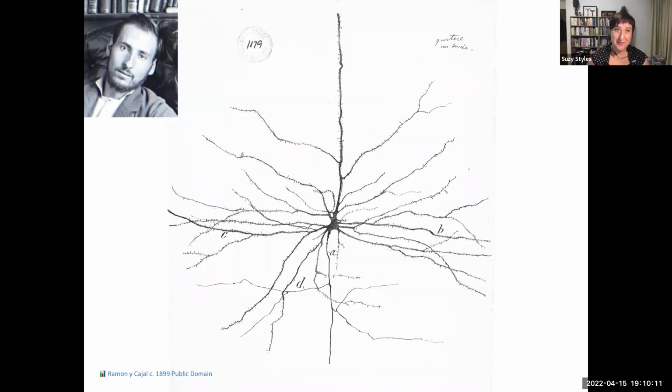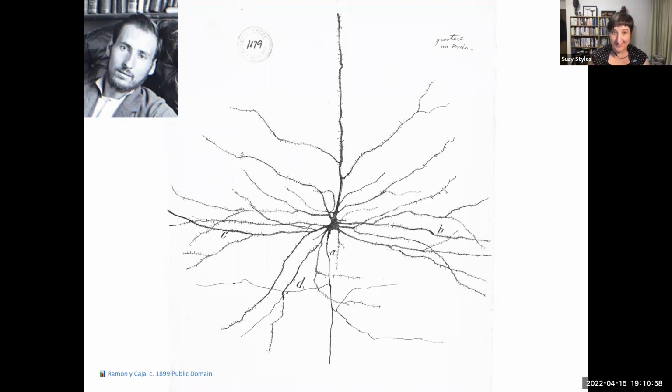So I'm going to pause for a moment to stop by one of the godfathers of cellular neuroscience, Santiago Ramón y Cajal. Unlike the yellow cartoon we saw just before, this is a cortical neuron, and we can see it has a very different shape to the one that we saw before.